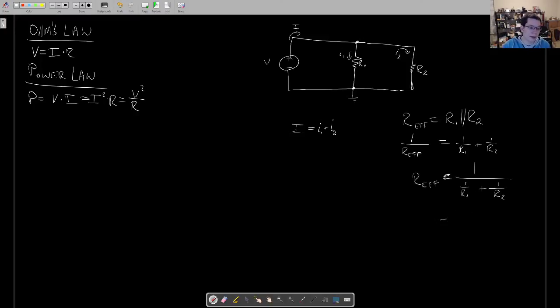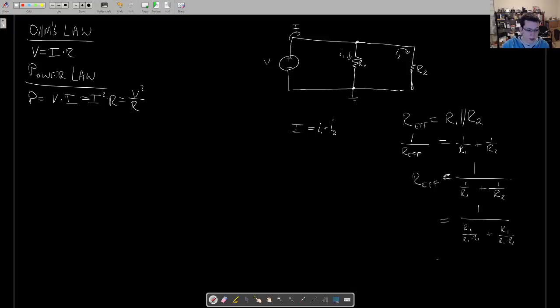Now, we can do some algebra over here. 1 divided by R1 plus 1 divided by R2 is R2 divided by R1 times R2 plus R1 divided by R1 times R2. We're just getting a common denominator. This guy gets multiplied by R2 over R2, this one by R1 over R1.